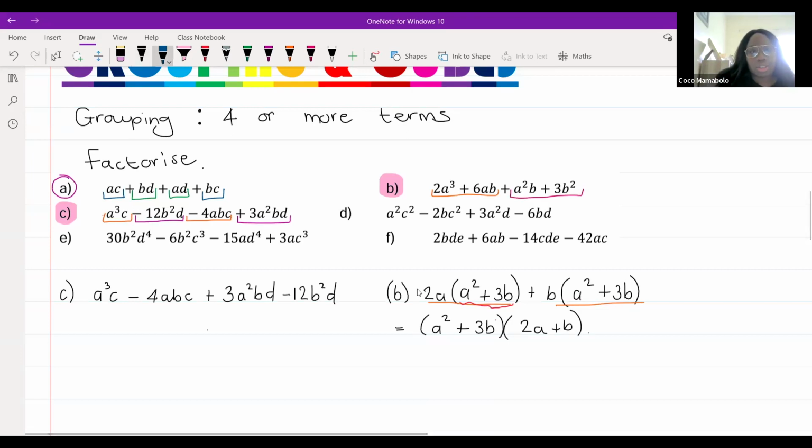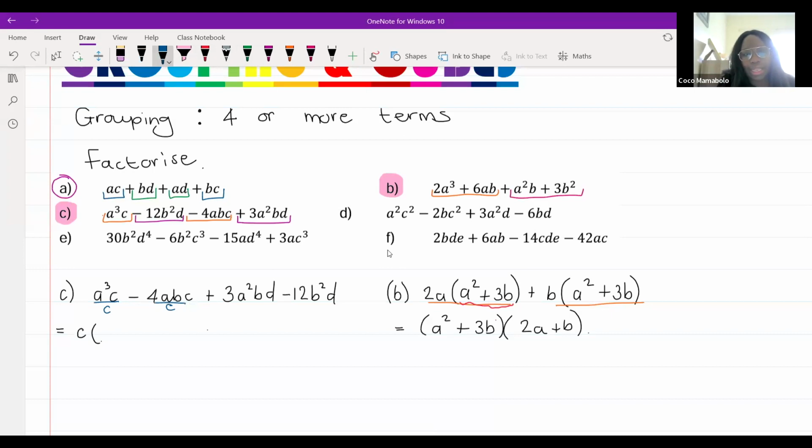Let's start over here. What do these two have in common, guys? Good, that's it. Those two in the front have c in common. So we're going to take c out as a common factor. Remember what we do: we divide this first part by c, and the second part by c.